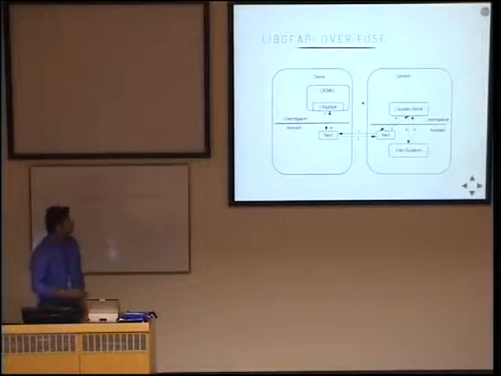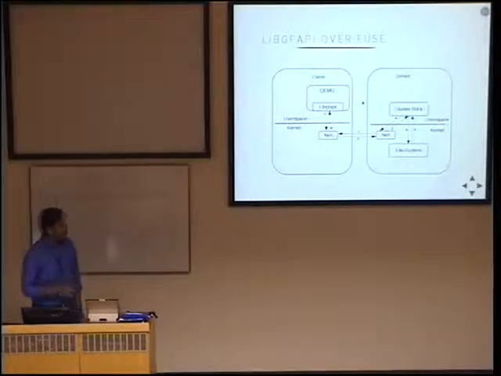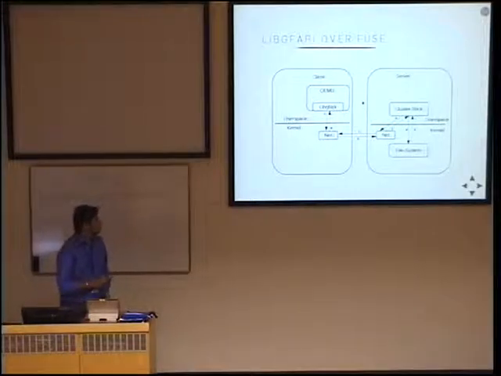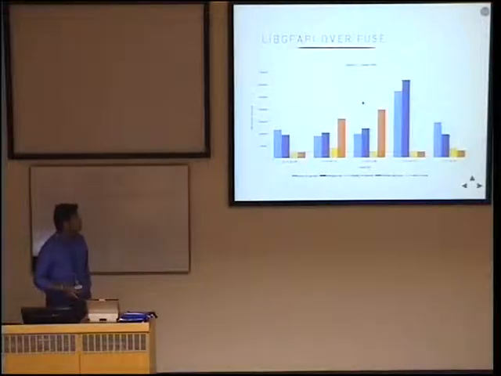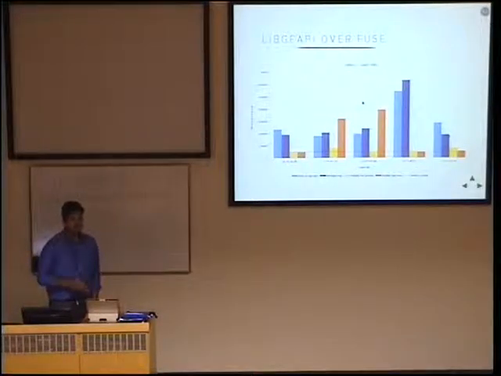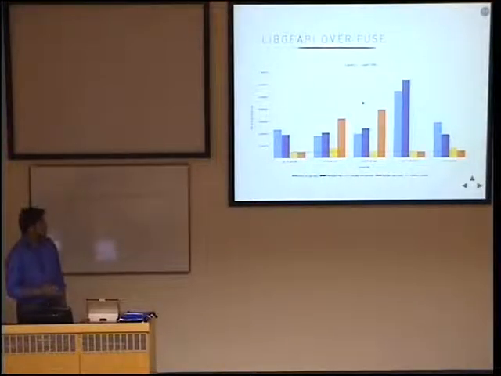And libgfapi is an API that applications like Qemu can directly use to communicate with the bricks. We have seen the performance numbers of libgfapi are almost 60% better than Fuse. Here is a graph and numbers.